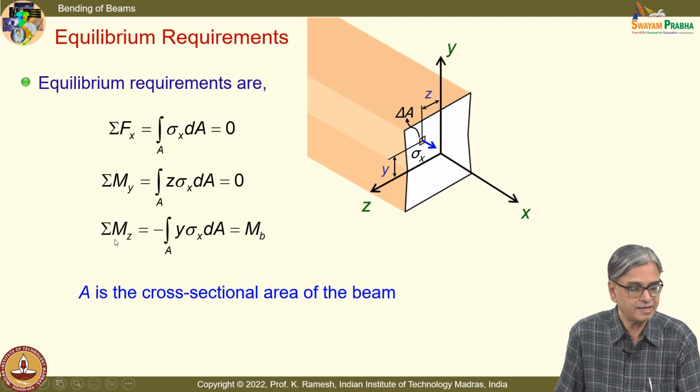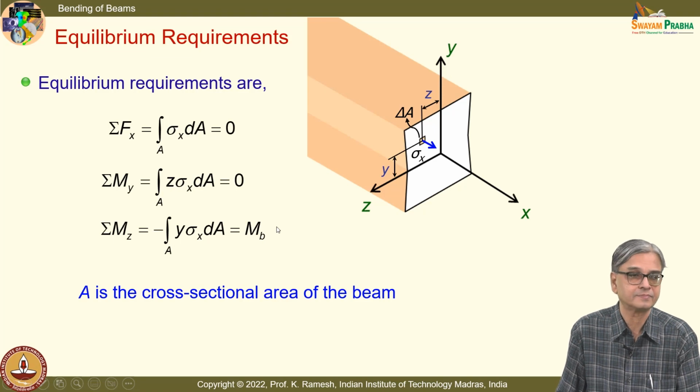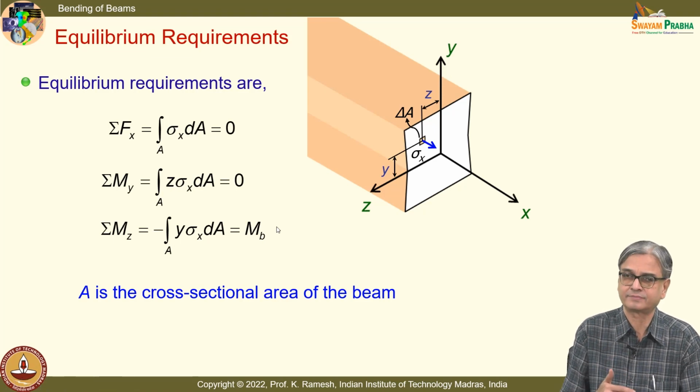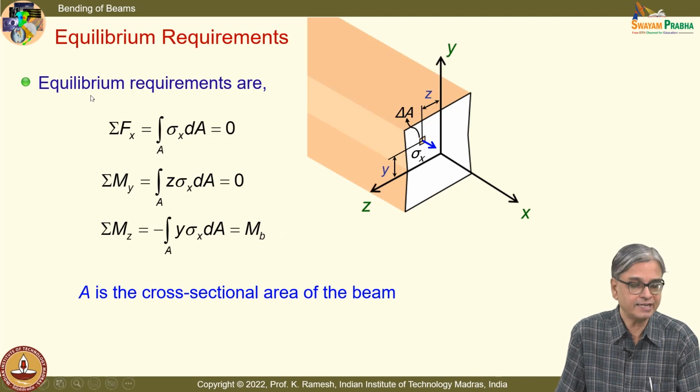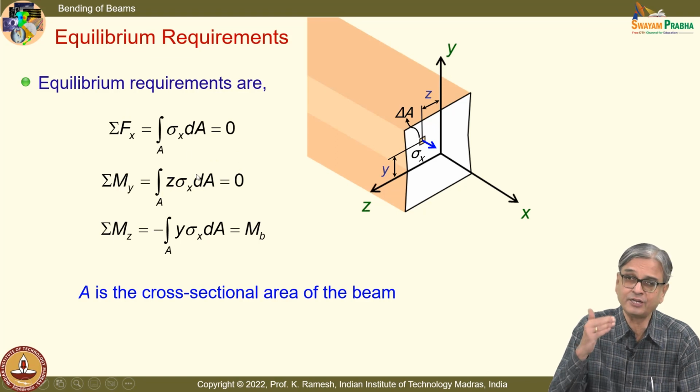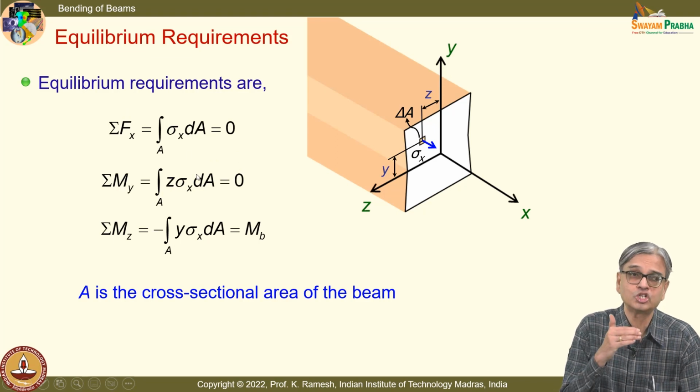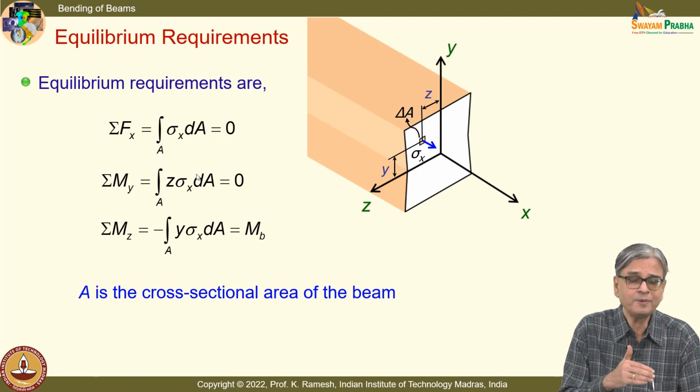So summation of Mz equals minus integral over A of y sigma x dA, which should equal MB. We will do that one by one. We will substitute the expression for sigma x, and we will get a very important learning from this equation. The development is also very important when you want to solve problems that are not discussed in the class.